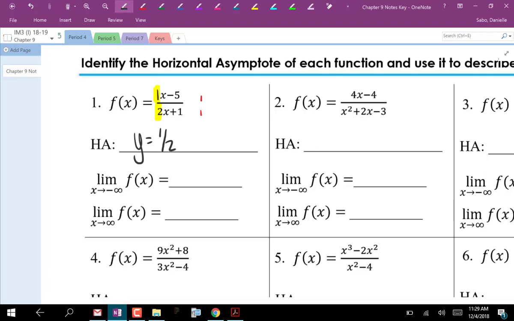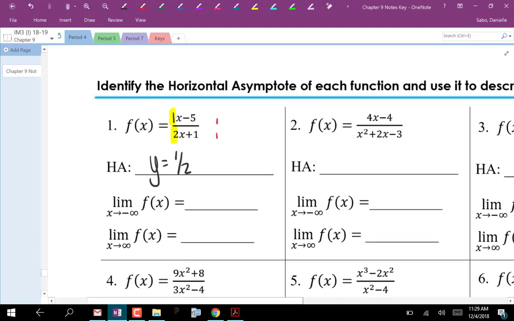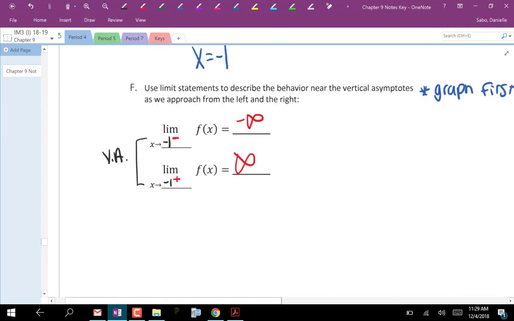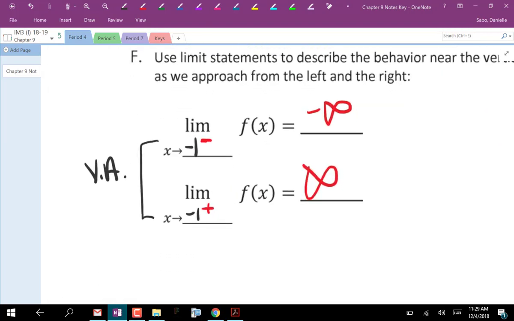Now these things are coming back. This is from yesterday. But the best part about these is whatever your horizontal asymptote is, that's your answer. Okay, so yesterday we talked about asymptotic behavior, so I want you guys to compare something with me. Look at this, keep your page there, and I'm going to scroll up to my other page. I want you to see the difference between the two.